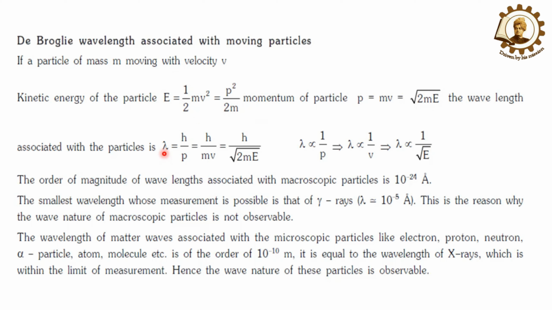So if we substitute into lambda is equal to h by p, where h is Planck's constant, we finally arrive at a relation between velocity and wavelength. So we can say that the wavelength of the wave associated with that particle is inversely proportional to the momentum or the energy or the velocity.